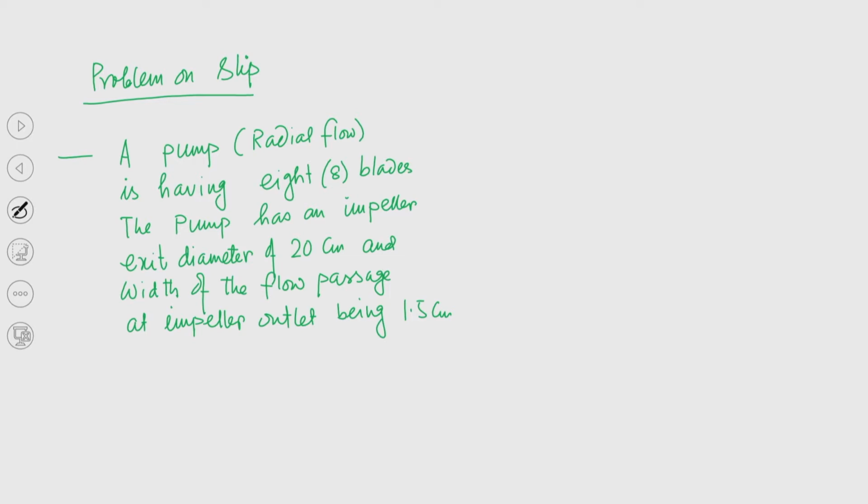Next is the backward curved blades make an angle of 60 degree with the axial direction, which is very important to understand.